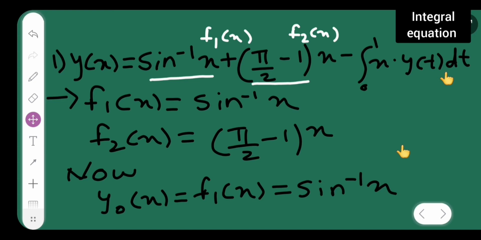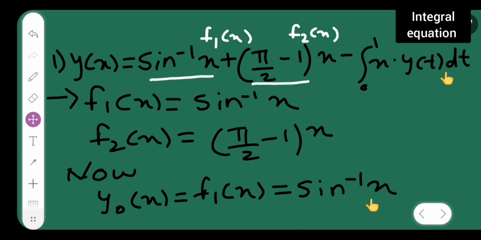I have already proved the modified Adomian decomposition method statement along with the proof. So in the previous lecture, you have to know it very well to follow this problem. Now y0(x) is equal to f1(x), which is nothing but sin⁻¹(x).